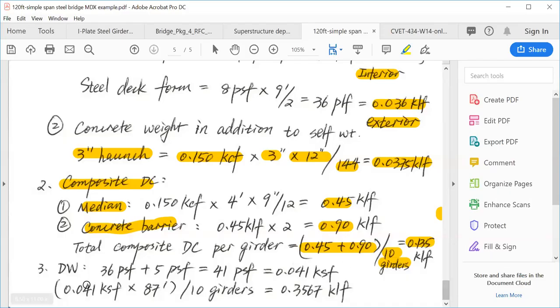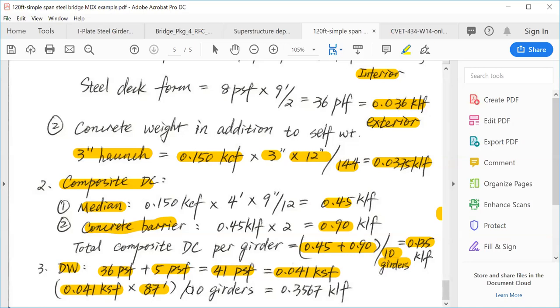We have a DW, deck overlay 36 and utilities 5. So we get 41 pounds per square foot total DW, and get 0.041 kips per square foot. Then we use 0.041 kips per square foot times the total width of the bridge, which is 87. This is the area load times the width, we get kips per linear foot.